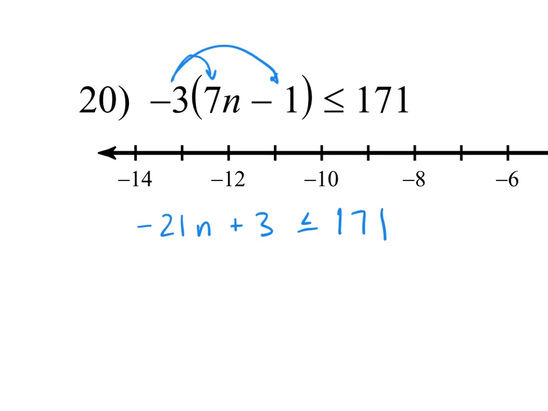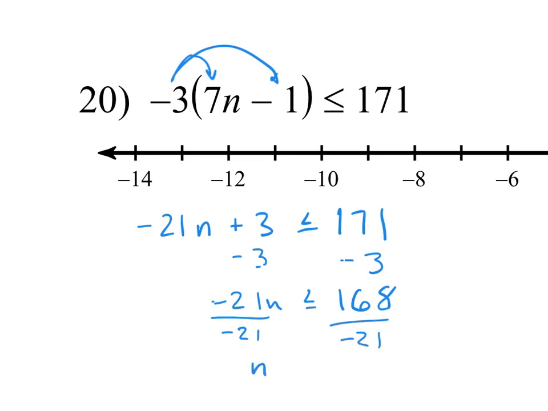Subtract 3. So negative 21n is less than or equal to 171 minus 3, which is 168. So what is 168 divided by negative 21? Negative 8.